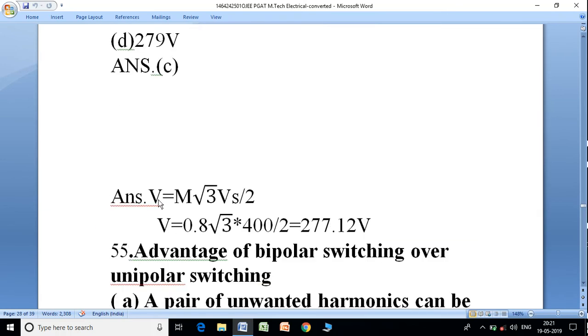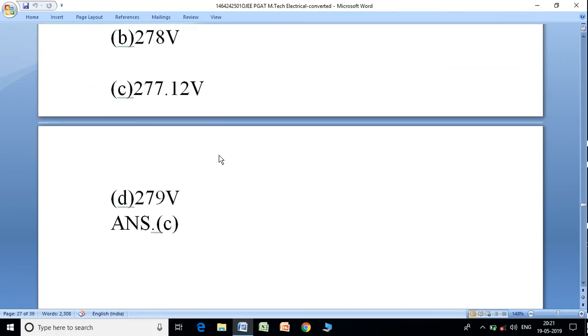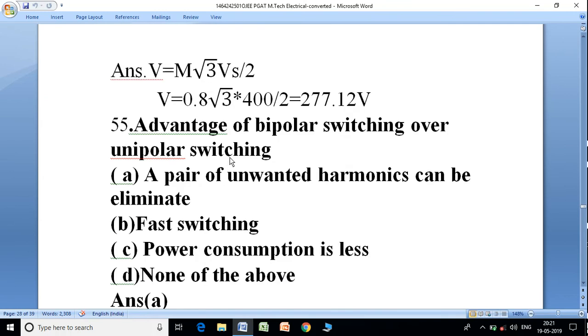That is V is equal to M root 3 Vs by 2, where M is the modulation index, Vs is the source voltage divided by 2. That is V is equal to 0.8 root 3 into 400 by 2, that is 277.12 volt. So answer C is the correct answer.